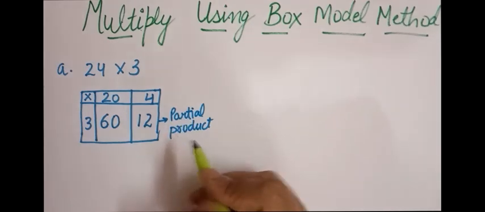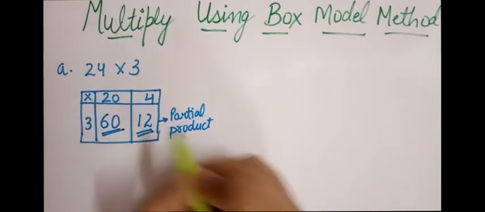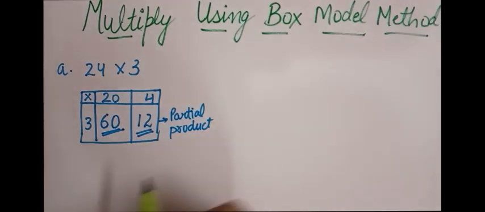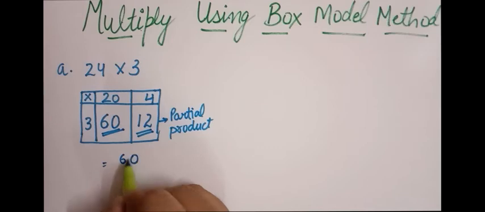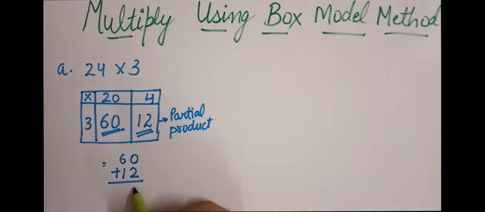Now we will be adding these two numbers, this 60 and this 12. These both are partial products, so I'll be adding both to get the final product. 60 plus 12: 0 plus 2 is 2, and 6 plus 1 is 7. So now 72.